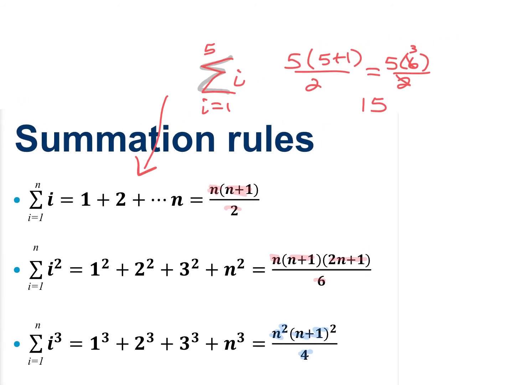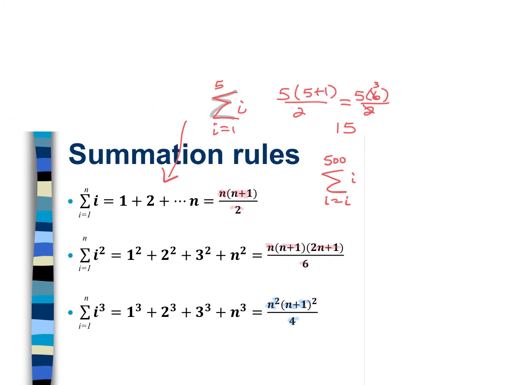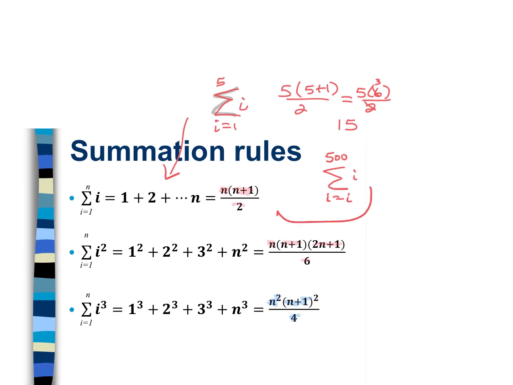Let's make it bigger. Let's say the n value is 500. We obviously do not want to add 1 plus 2 plus 3 plus 4 plus 5 plus 6 all the way up to 500. So this is where we would use the rule. Again, I'm using this same rule because it's just an i.